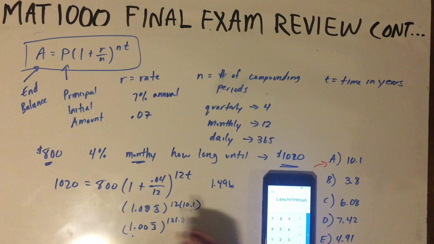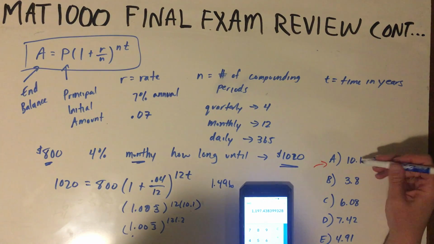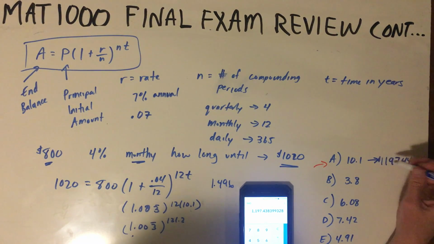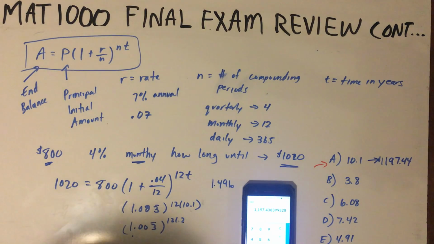We still have this 800 here that I'm going to multiply by, so I'm going to times by 800 and see what I get. This amount of time is giving me $1,197.44. That's not 1,020.